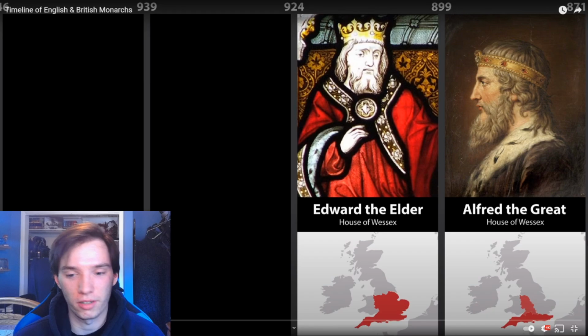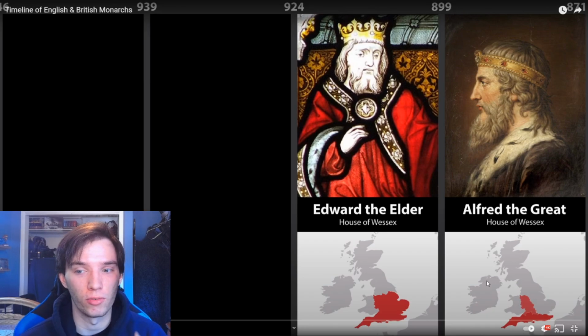Edward the Elder. Oh, yes. So that would be Alfred's son. And what we see, the light red of Mercia means that it wasn't fully under the control of the state of Wessex during Alfred's reign. It was largely considered part of Alfred's domain, but technically speaking, they were not fully annexed.